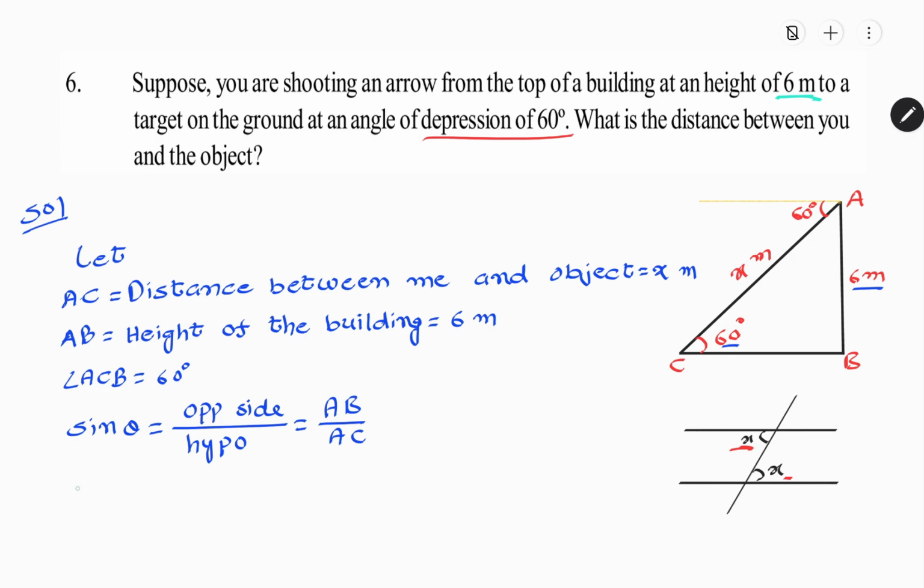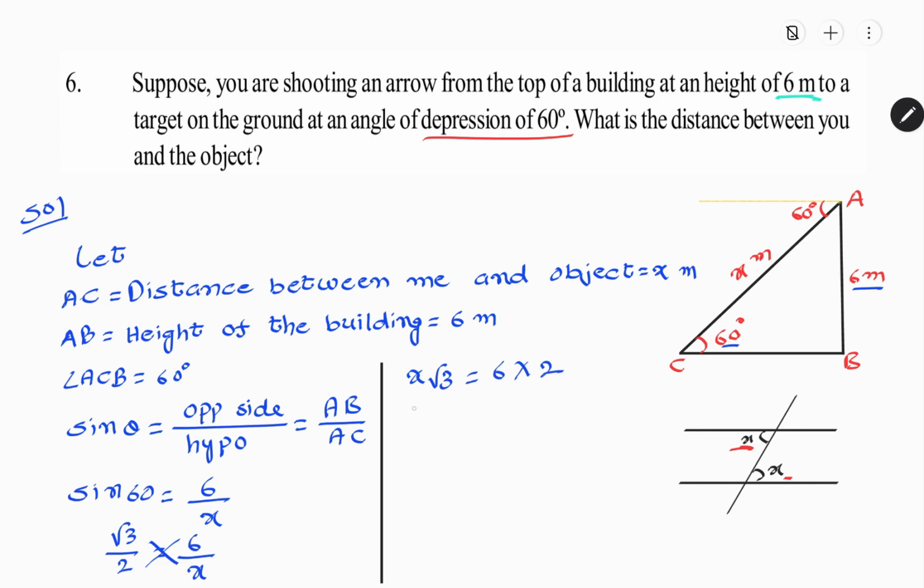Now sin 60 is equal to opposite side 6 meters by hypotenuse x. Sin 60 is root 3 by 2, so root 3 by 2 equals 6 by x. Now do cross multiplication. X into root 3, x root 3 equals 6 into 2.